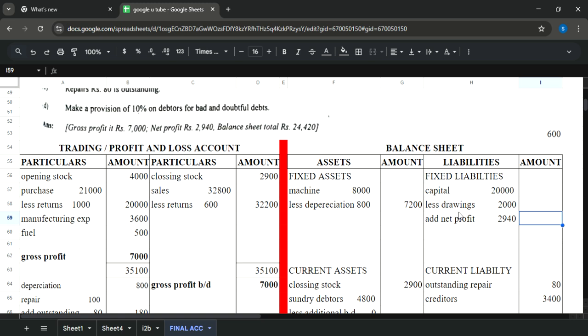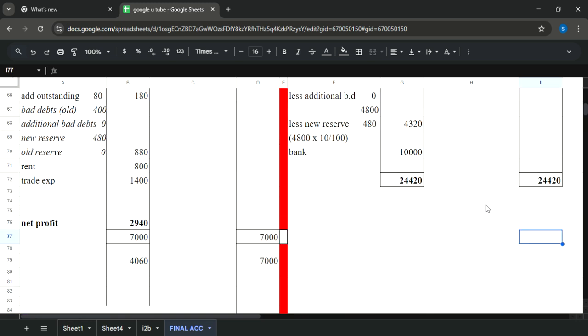We are now at the stage where we can complete this calculation related to capital. 20,000 was the amount of capital. Then you will subtract drawings 2,000, and it's a profit, so you will add 2940 net profit, and the final amount we have got, okay, then look at here, 24420.